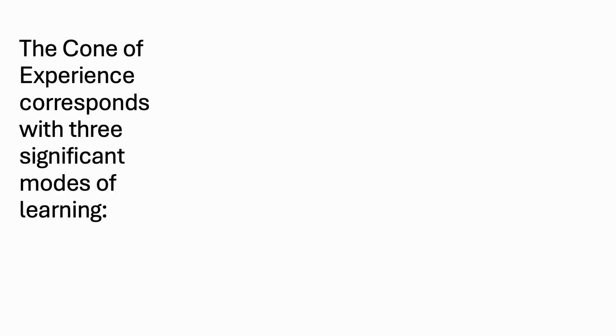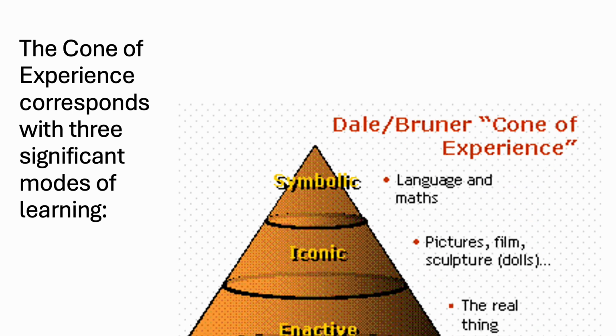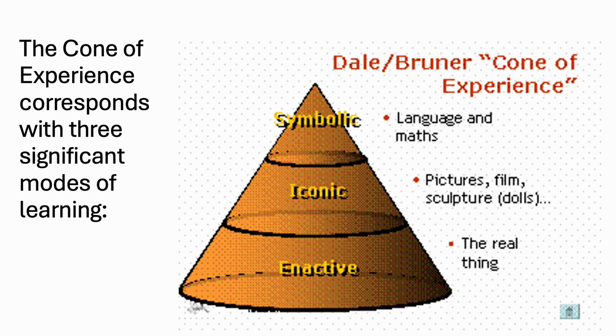And this is now the significant modes of learning that we have. This is according also to, aside from the Edgar Dale contribution, Jerome Bruner. Jerome Bruner is famous for learning by doing, together with John Dewey.